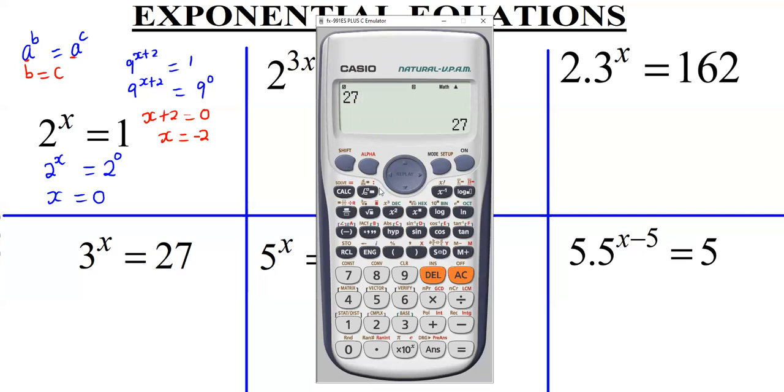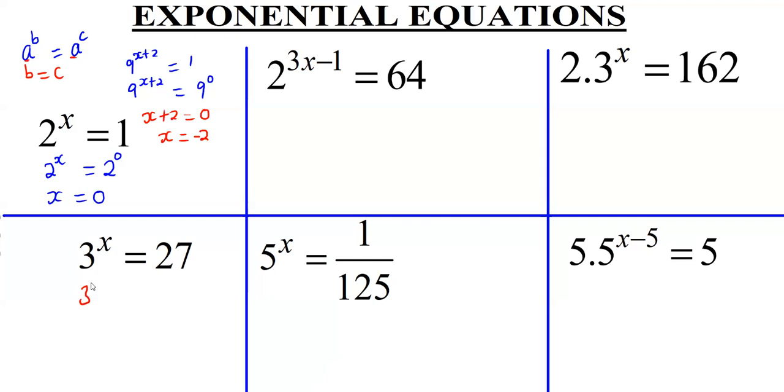You find the factors of 27, which gives you 3 to the power of 3. So 3 to the power of x is equal to 3 to the power of 3. We have the same bases and the exponents are equal, so x will be equal to 3. That's your answer there.